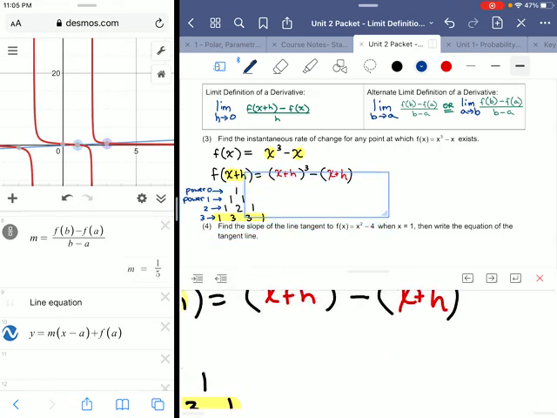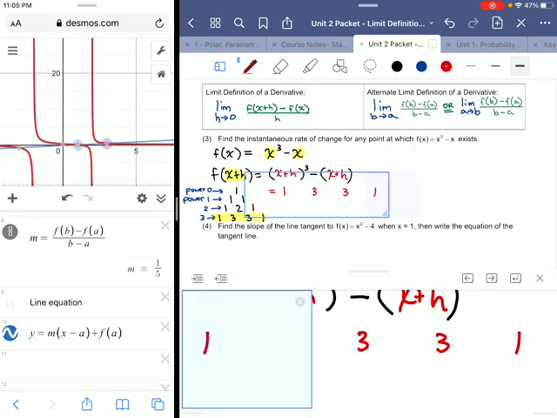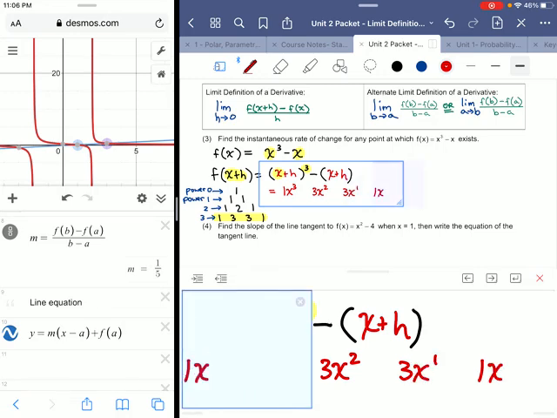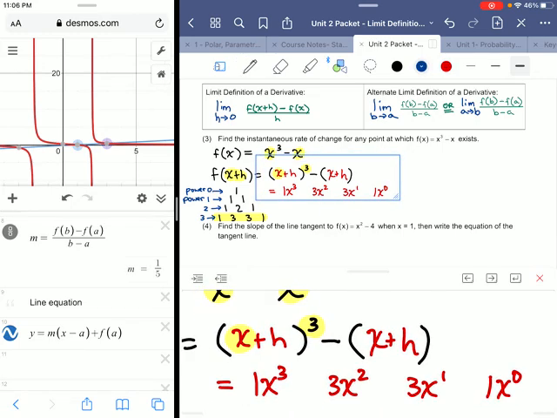So when I expand this, I'm writing it as 1, 3, 3, 1. The x term gets raised to the power of whatever the power is of the binomial. So x cubed, and then we decline the power from there. So decrease power of 2, power of 1, power of 0. And then we go the other way.